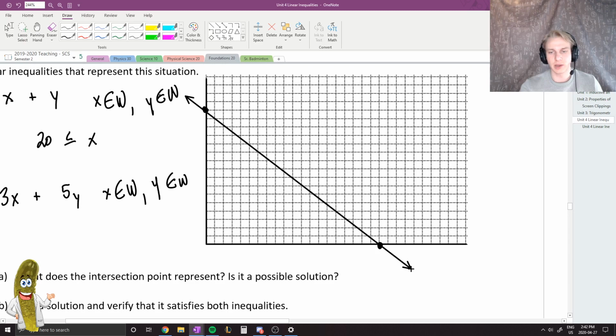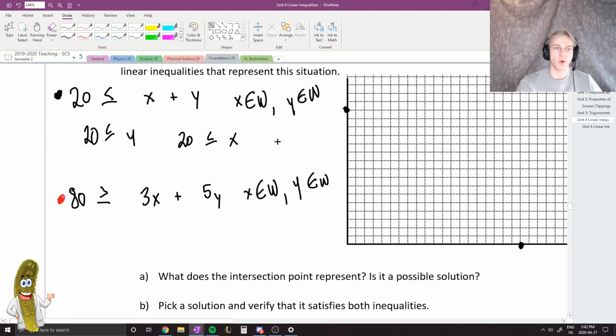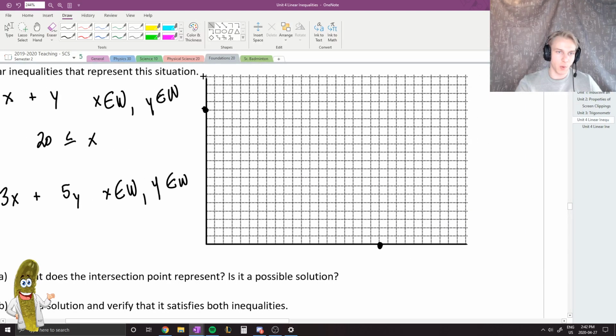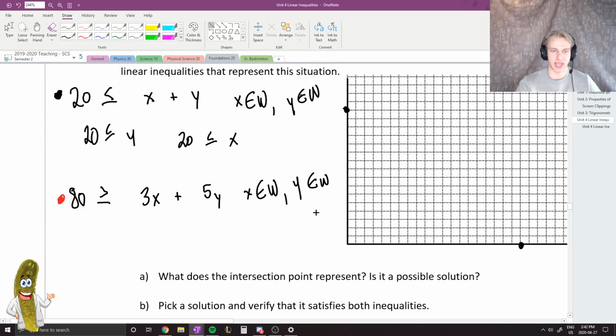And I'm also going to do something a little bit interesting. In the past, I've been graphing it with a line that has arrows at the end of it, assuming that it will continue on forever. In this case, I'm not going to do that. And here's why. This is also why I put my axis in the very bottom left-hand corner here: I know that I cannot buy a negative number of candles.